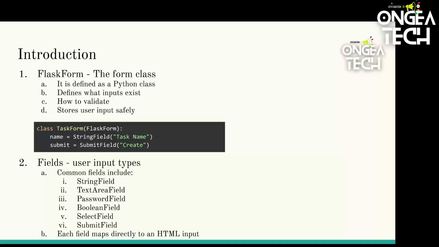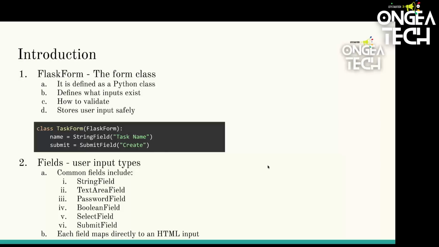This is where your inputs would exist, and it also defines how you validate and store user input. An example is this: it's a TaskForm, and it has a name, which is a StringField. We'll talk about that next, which is fields. And then we also have a submit variable, which is a SubmitField called create.